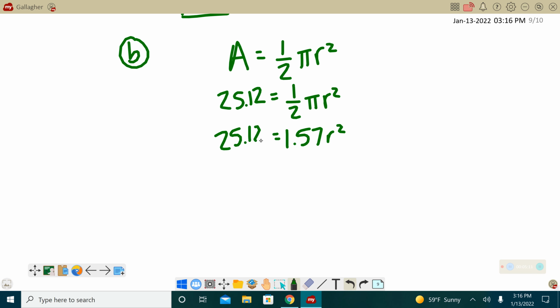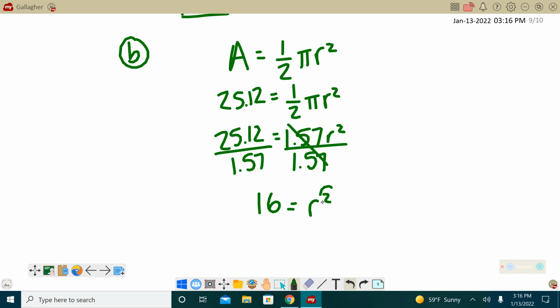Bring down all our work so that way we can keep going. Now I have a variable times a number. So to figure out that variable, I need to divide both sides by the number out front. This piece divides out, so I'm left with r squared. And over here on the left side, 25.12 divided by 1.57 is 16.